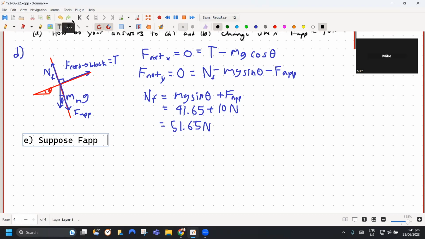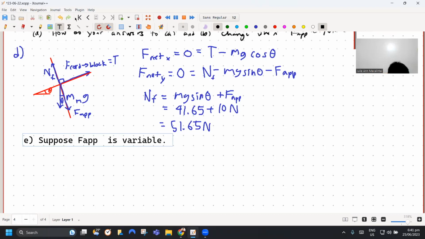Yan. So it's just a variable. Okay. Ngayon, graph F applied, normal force versus F applied.